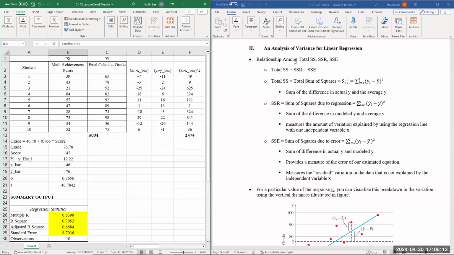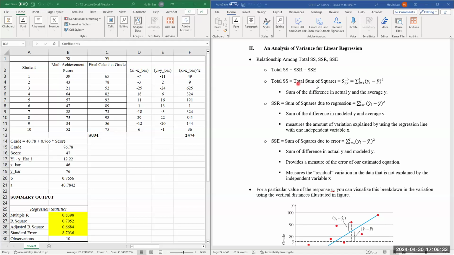What we're going to learn about is total SS and SSR and SSE. This is right here. This is section 2. Total SS is equal to SSR plus SSE.